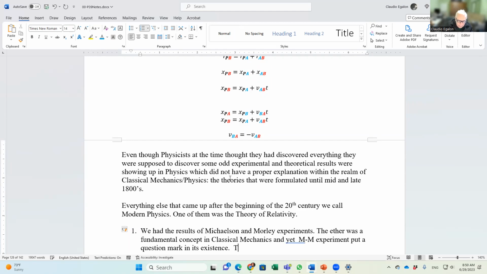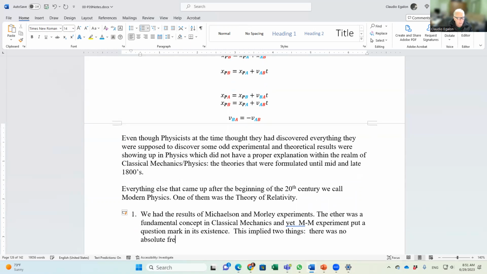This implied two things. One, there was no absolute frame of reference, which would be the ether frame of reference.